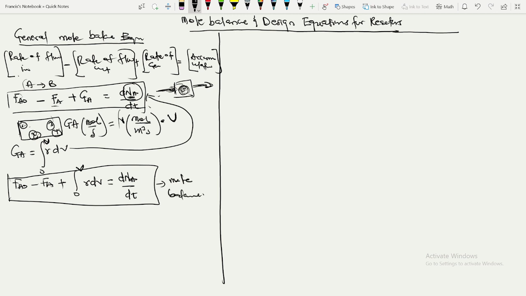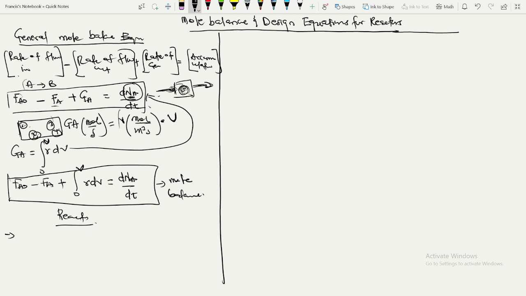Now, what's the essence of this mole balance equation? The mole balance equation is going to help us design our reactors. So this is the general one. Depending on the type of reactor, we modify the mole balance equation to suit the particular reactor we are looking at.